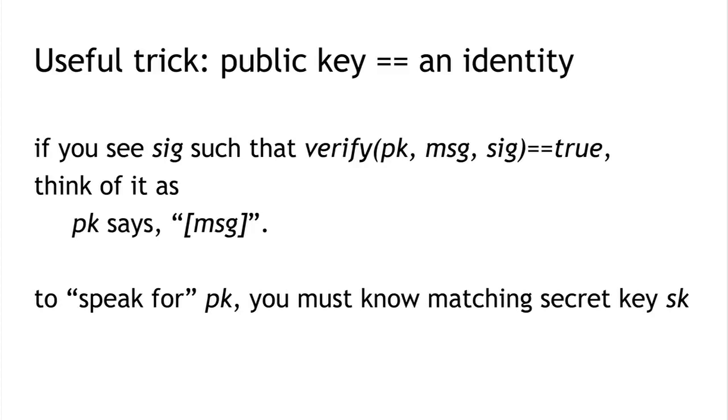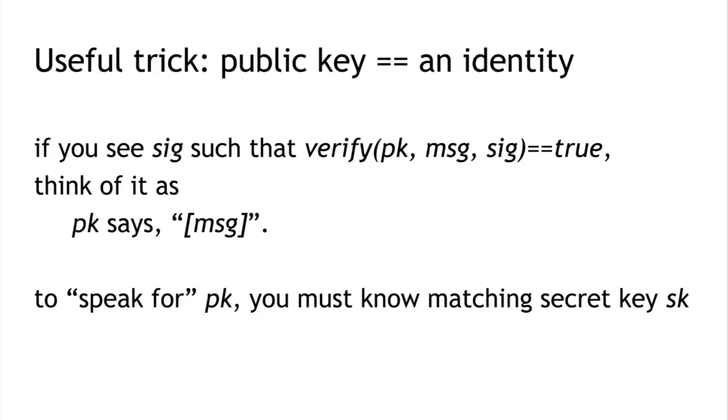You can literally think of a public key as kind of like an actor or a party in a system, and that they can make statements by signing those statements. And so if you think in that mindset, then this public key is like an identity. It's an actor who can do stuff in the system.